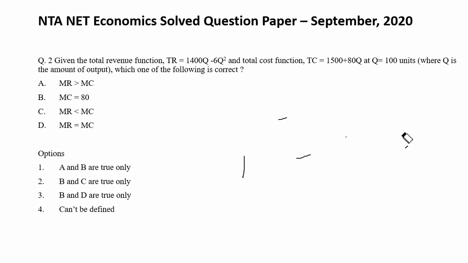And after that, we see that we have to find out which of the following is correct. And in the option, we have marginal revenue, there is a marginal cost, and we have to find out which of this relationship is correct. Okay, so let's look at that.